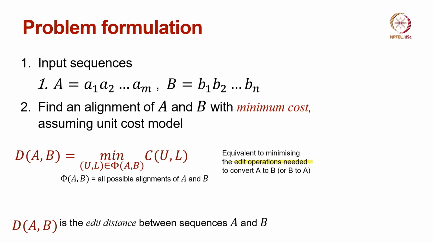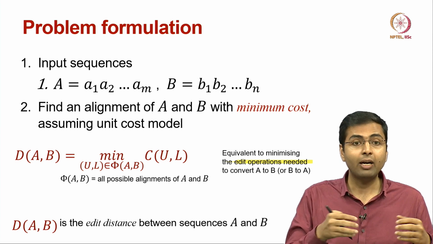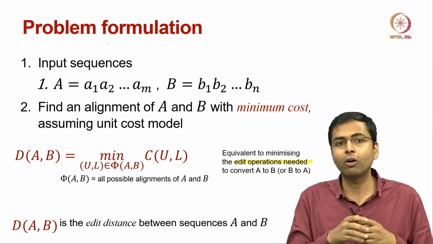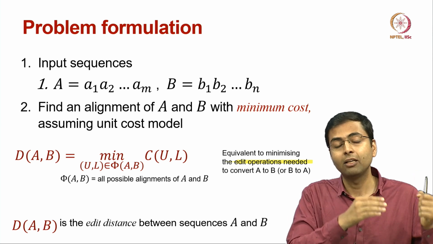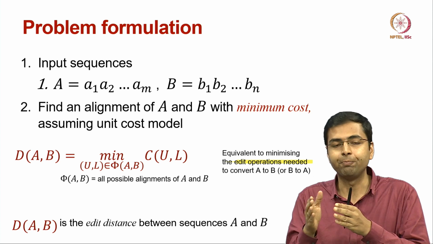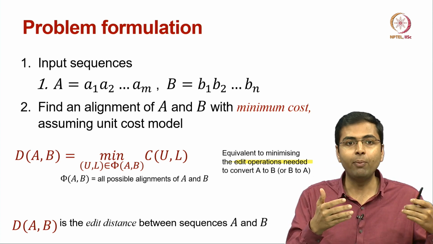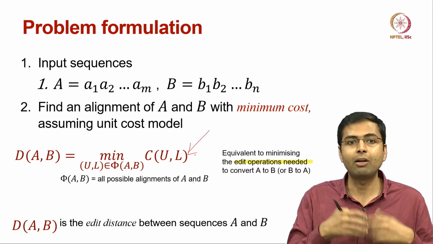Now, under this cost model we were able to come up with the optimization function, where we said that I am looking for the alignment with minimum cost. We also realized that this is equivalent to solving the edit distance problem, because we are looking for an alignment which gives us the minimum number of edit operations for converting A to B. Given this formulation, we came up with a quadratic time algorithm to solve this problem.